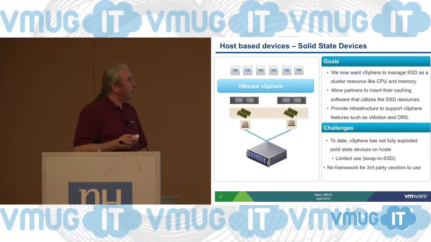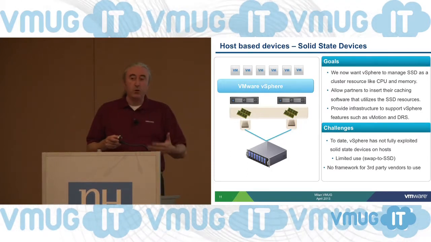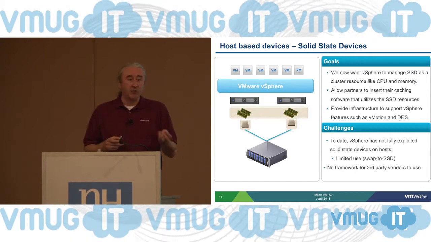But on top of that as well, we wanted to have flash that would allow us to do core vSphere features, like be able to do vMotion, be able to implement DRS clusters and HA clusters as well. We know there's a lot of flash devices out in the market at the moment which can accelerate virtual machine I/O, but unfortunately they don't integrate completely to allow things like DRS, HA, and vMotion to operate.